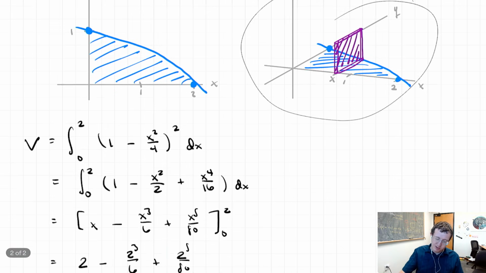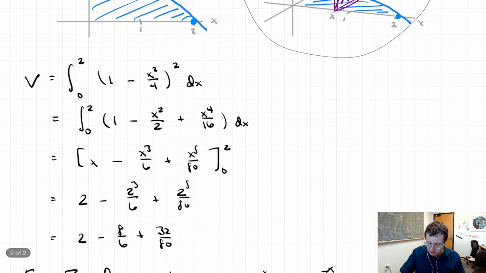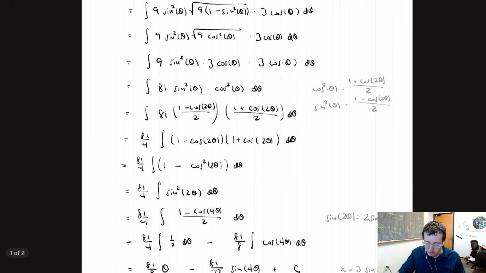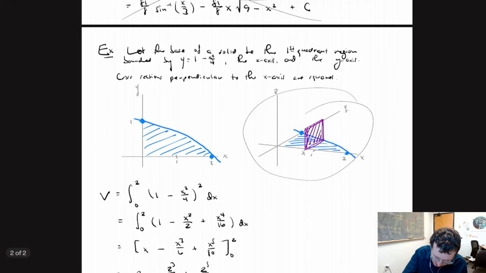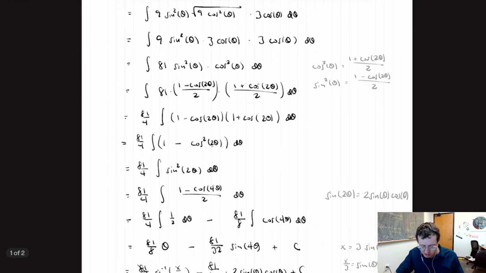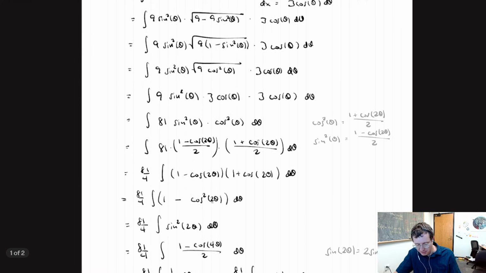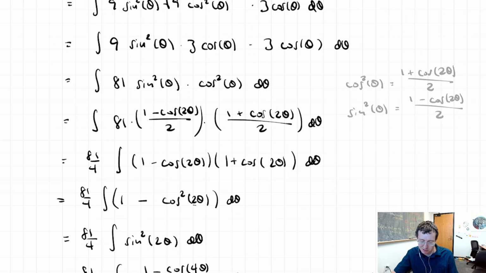But once we actually set up the integral, it was not too difficult to do. Whereas some integrals, you don't have to think about the geometry, but the actual computation could get very, very intricate and detailed. So there are a lot of things that are difficult for different reasons.